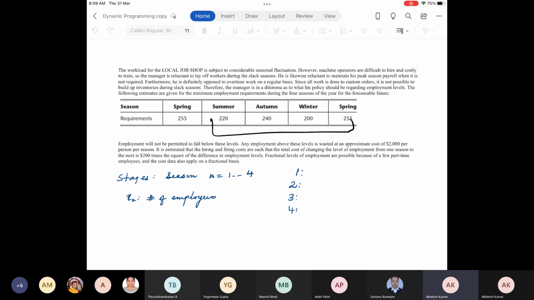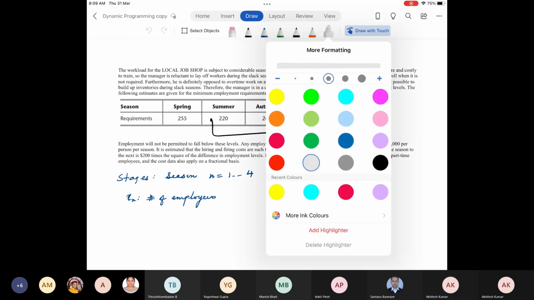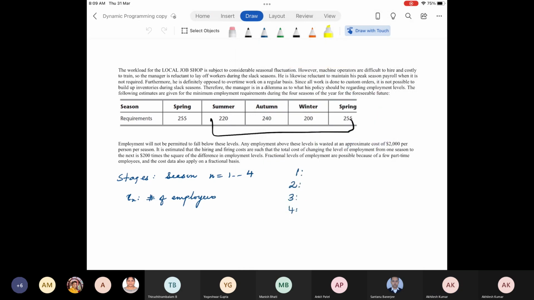Okay, so if you read this line, first thing is employment will not be permitted to fall below these levels.